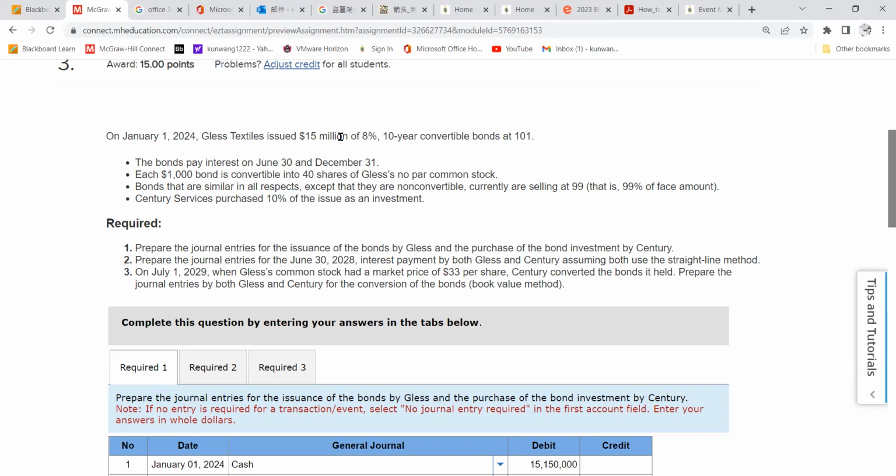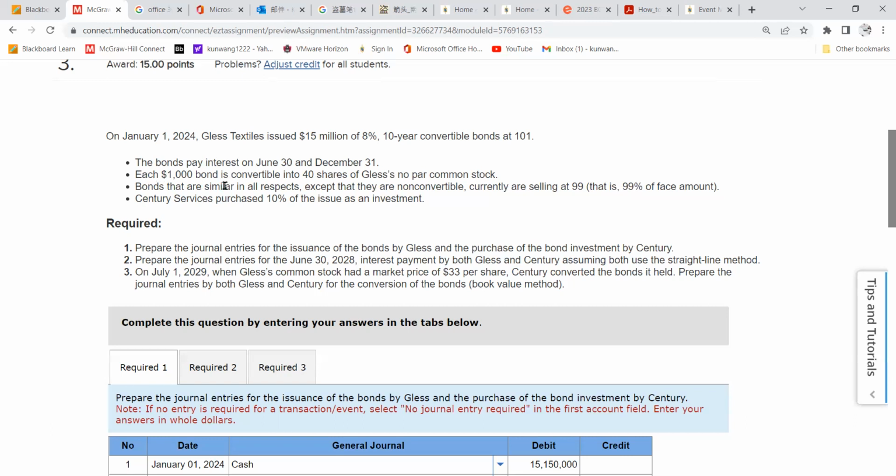So we have the bond face value of 15 million, stated rate 8%, and 10-year convertible, okay, 101. When you have a convertible feature, normally you can sell at a price a little bit higher, like a little bit of premium. Okay, 101, we have a 1% price premium.